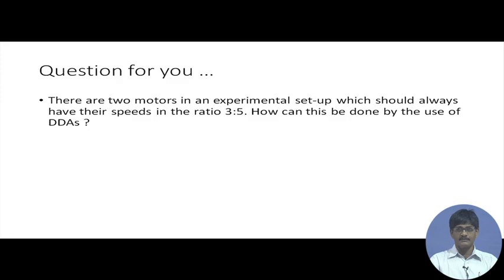The problem is such changes are very expensive, and therefore, in the problem we are suggesting, make use of DDAs to solve the problem. So that if you require a different ratio, either in those DDAs you can make some change, or you can remove these DDAs and put some other one to serve your purpose.